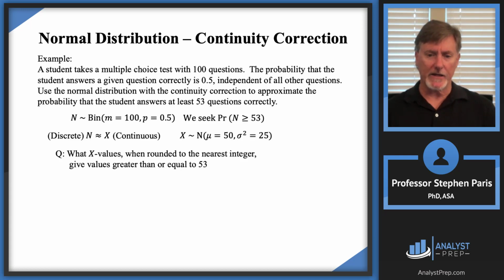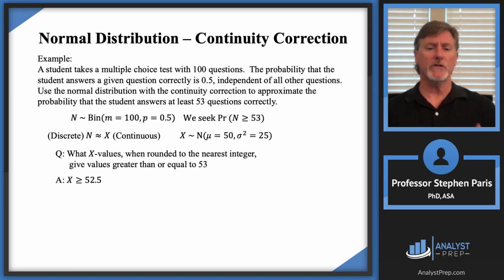And of course, the answer is you would need capital X values greater than or equal to 52.5. If you had a 52.6, that would round to a 53. If you had a 52.4, it would round to a 52, not a 53. So here, capital X would be greater than or equal to 52.5.